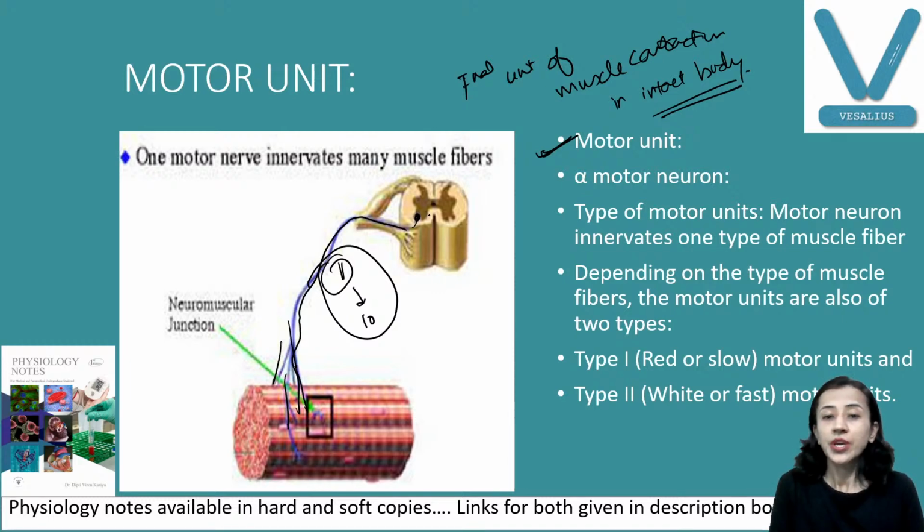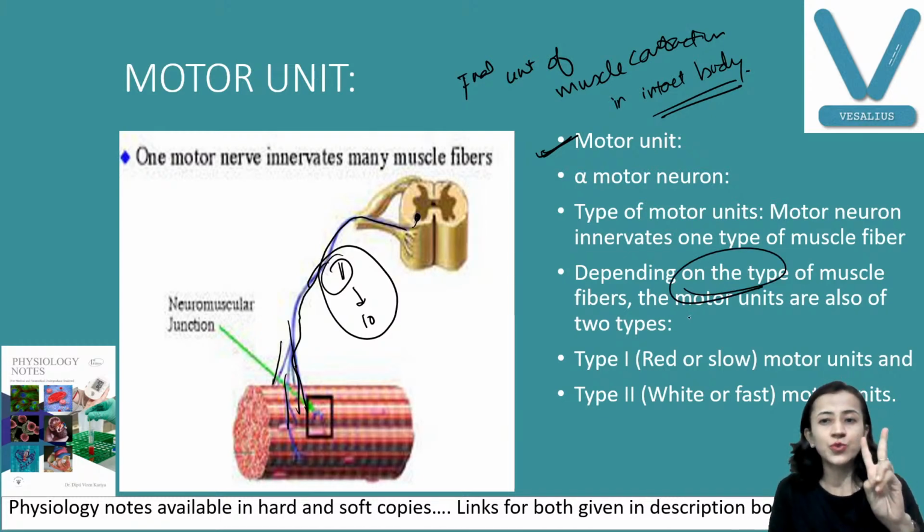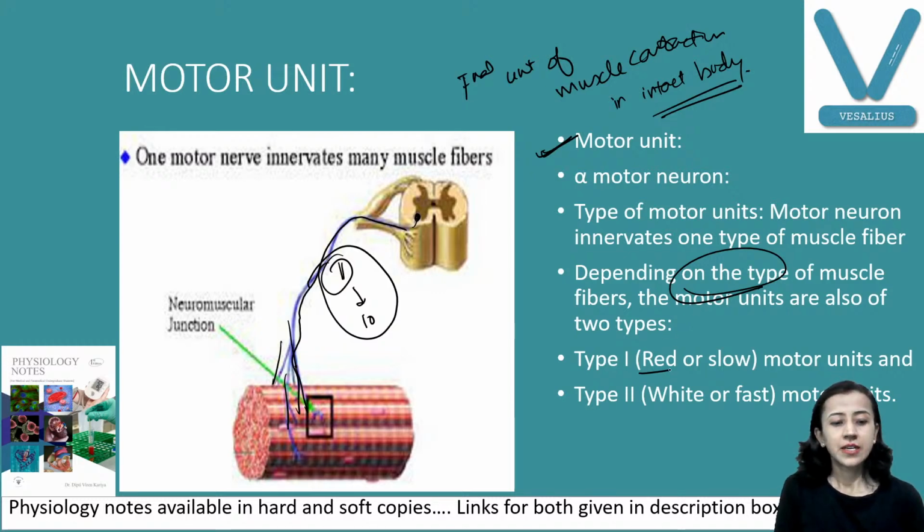Depending on the type of muscle fibers present in the motor unit, there are two types of motor units. Number one is red or slow motor units, and second is white or fast motor units.